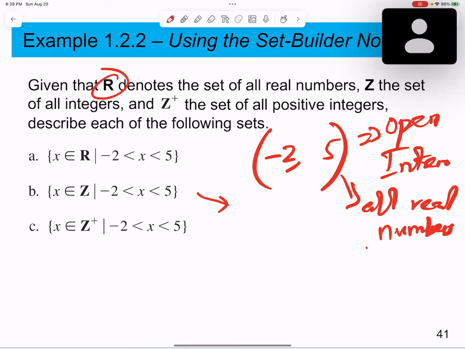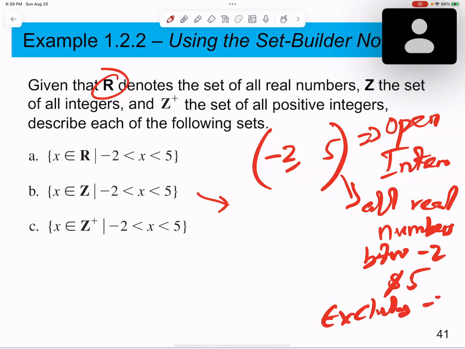All real numbers between -2 and 5, excluding -2 and 5. Okay, so the numbers you have here are going to be uncountable. Remember, it's a real line, and between any interval, the actual count of real numbers is going to be uncountable.